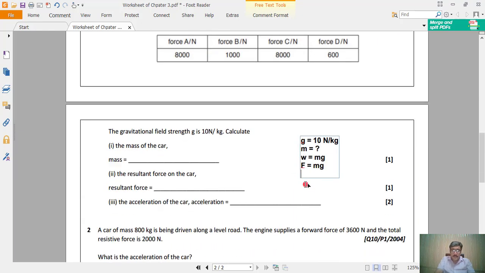So it will be 8,000, which is given here, force C, is equal to m multiplied by 10. So you can calculate from here that m is equal to 800 kilograms. So in this way you can calculate mass.